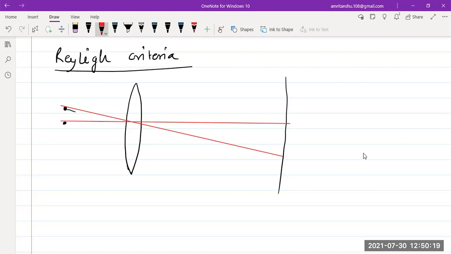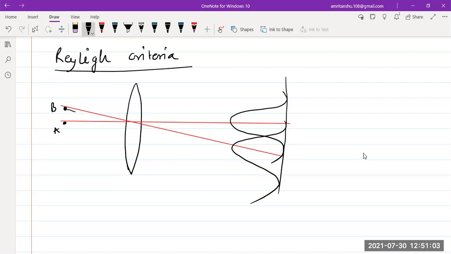To distinguish the diffraction pattern formed by this source and by that source, let's say the maxima formed by source A will be somewhere over here, and B's maxima is over here. In this case we can quite clearly distinguish between these two maxima.